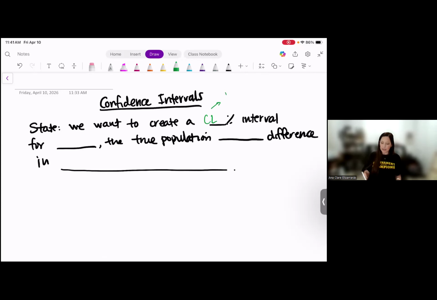So this is typically like 90% confident, 95% confident, 96%, 98%, 99%. Those are some standard confidence interval levels. And then the next one is your parameter difference.